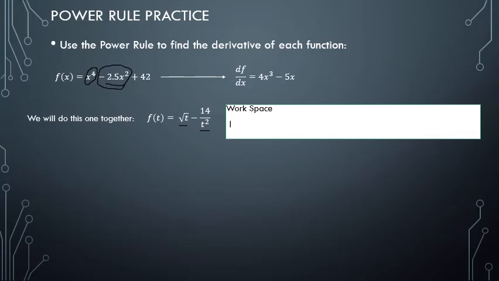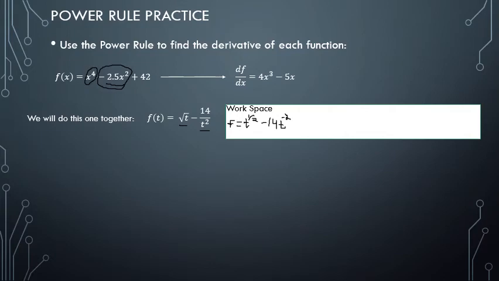Our f of t, I'm just going to put f for now because I don't want to write more than I have to with this mouse, becomes t to the 1/2 minus 14 t to the negative 2. Negative exponents mean they're in the denominator. Fractional exponents means you have some sort of root, like 1/2 is a square root.